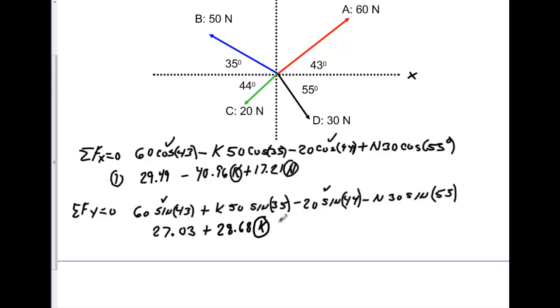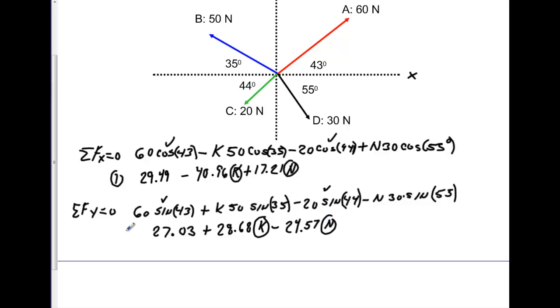I'll go and put a circle around that so we know it's a variable. And now we're going to do this one, 30 times the sine of 55. And again, that's going to be minus 24.57, and that's going to be N.